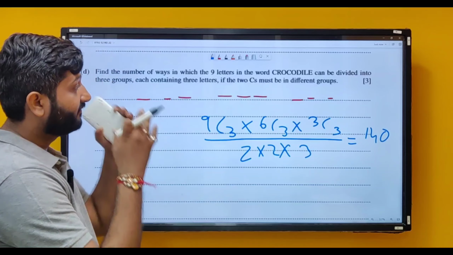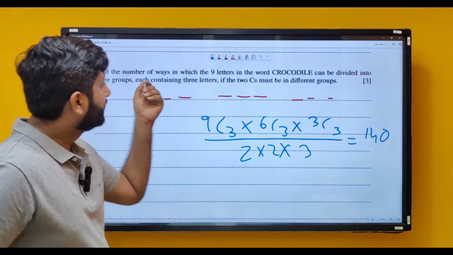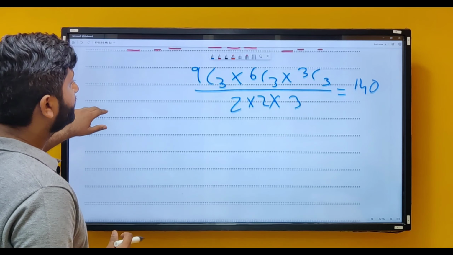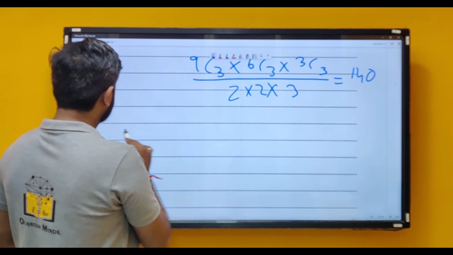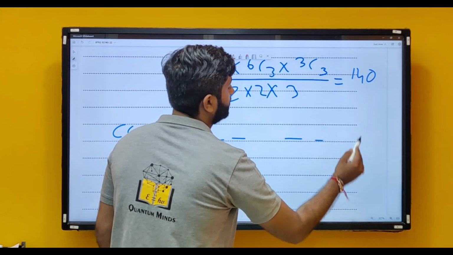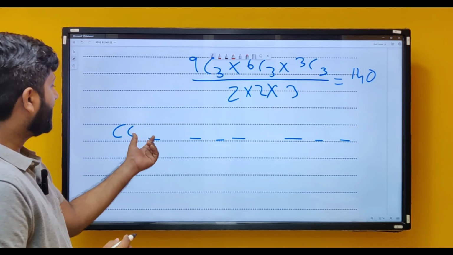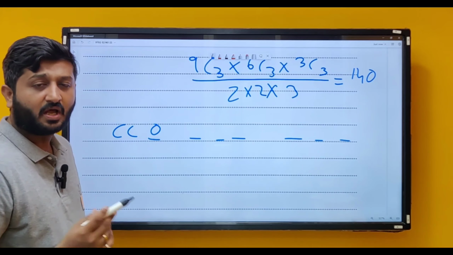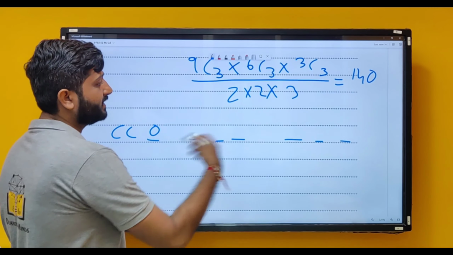But we want that the 2 C's must be in different groups. So let me do one thing. Let me club those C's together. Let's say I have 2 C's, 1 2 3 and 1 2 3. Right. Let's say I have O here. So now obviously one more O is going to be placed in any of these groups.